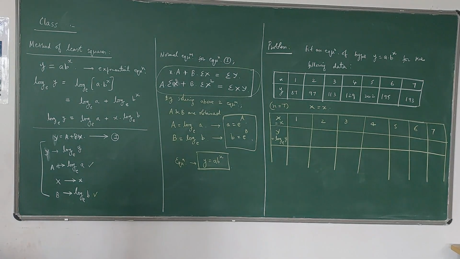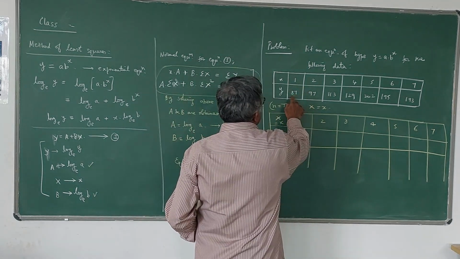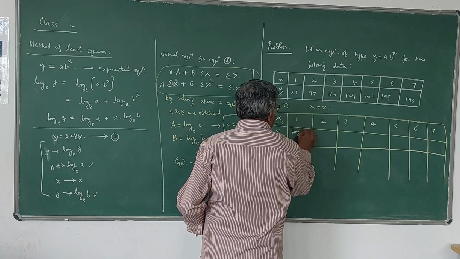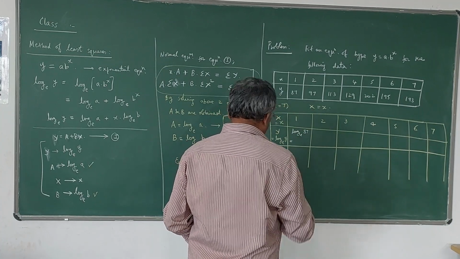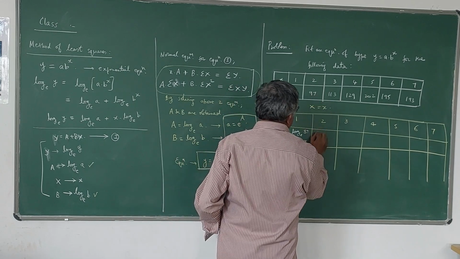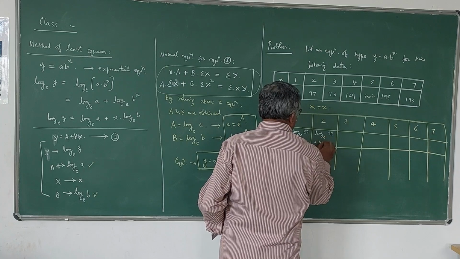So let me write those values. Using a calculator, we can get that. For example, when x is equal to 1, y is 87, so capital Y becomes log 87 to the base e, which is 4.47. Similarly, log 97 to the base e is 4.57.